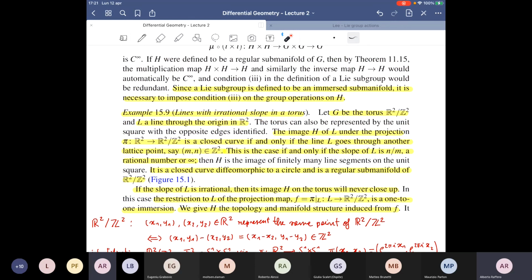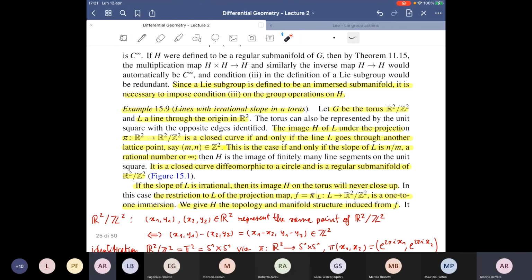So last time we discussed the two-dimensional torus, and among the possible ways of defining it, you can define it as the quotient space of R2 over Z2. What does this mean? Well, you consider pairs of points in R2 and define an equivalence relation between them.